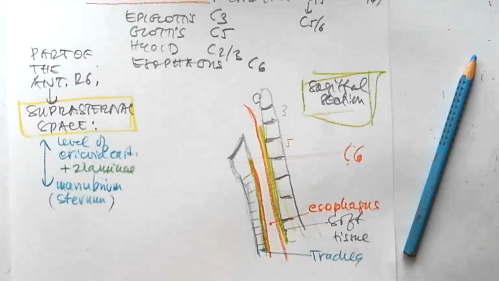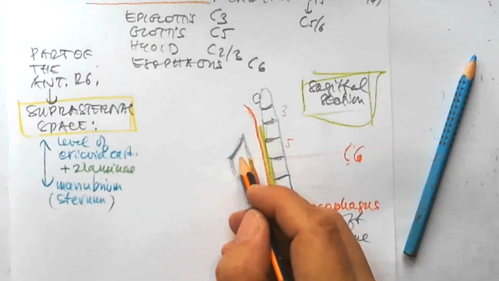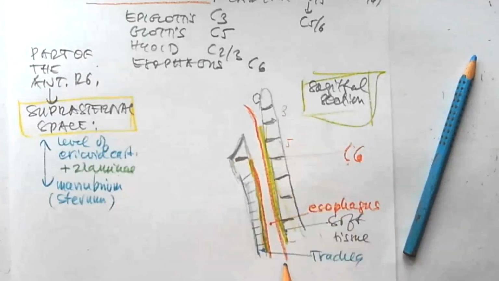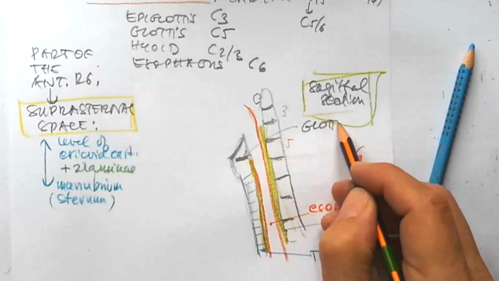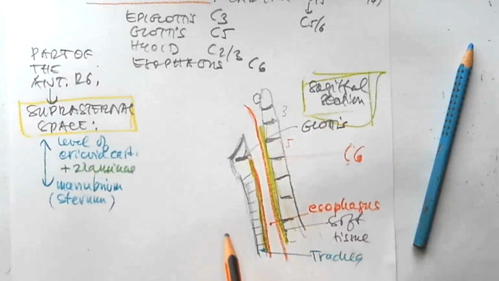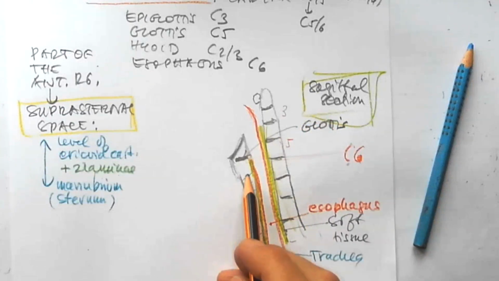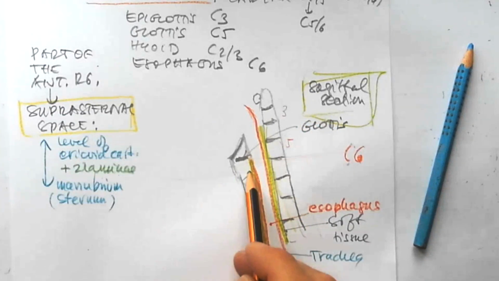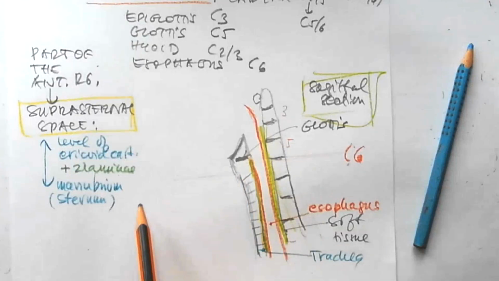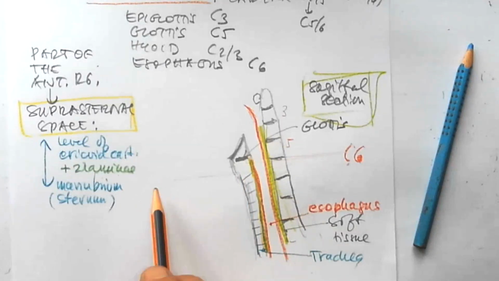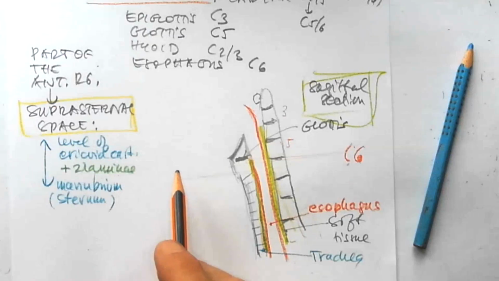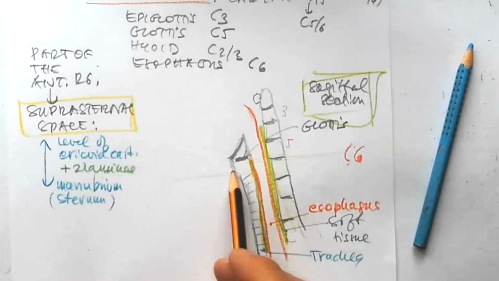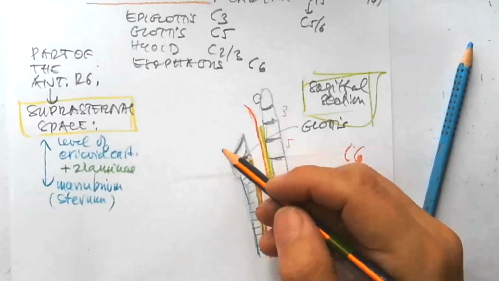Here I'm drawing a line, a black one, like the depression. Where is the glottis? So note please that this is the glottis, correct. And approximately at this level is the cricoid cartilage, and the cricoid cartilage lies here.